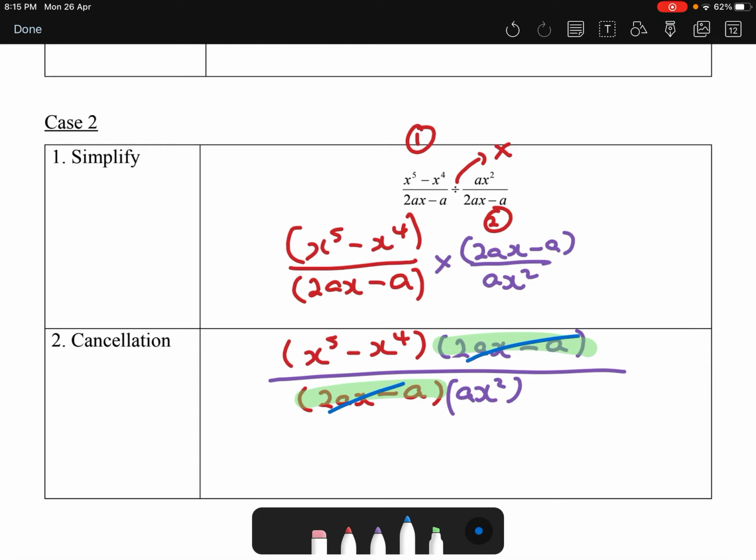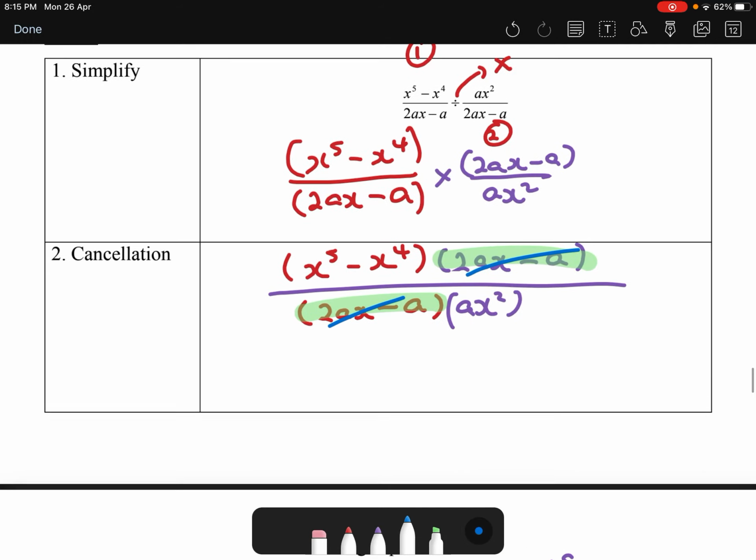But we are not done yet, because there's still something common. After cancellation, look at the top, which is x to the power of 5 minus x to the power of 4. I can factorize this by taking out the common thing between x to the power of 5 and x to the power of 4, which is x to the power of 4. What is left inside the bracket is x, because from x to the power of 5 I take out x to the power of 4.